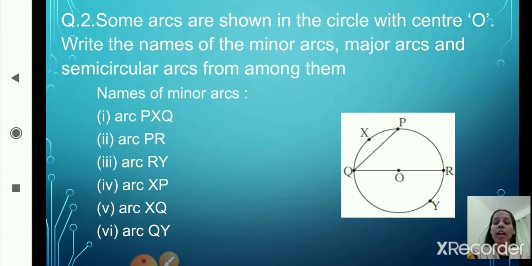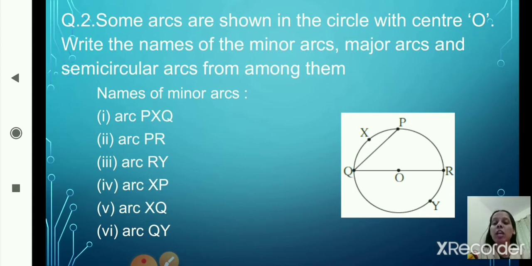As we have studied earlier, minor arcs means the smaller arcs, major arc bigger one, and semicircular arc means the arc which we get when the circle is divided into two parts by the diameter.